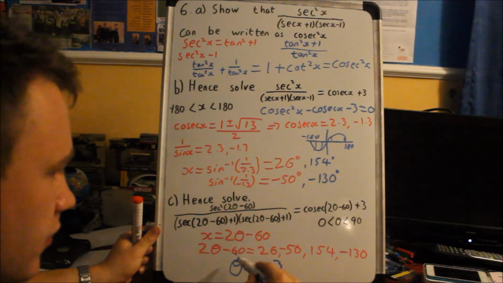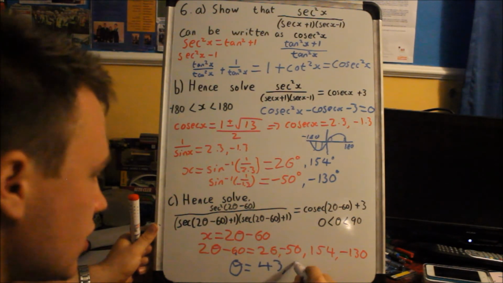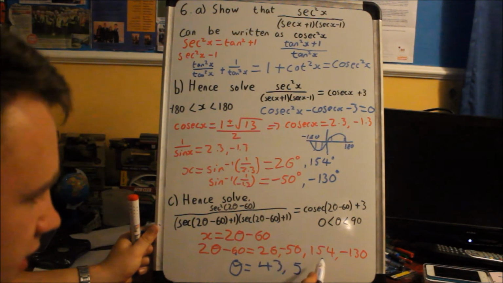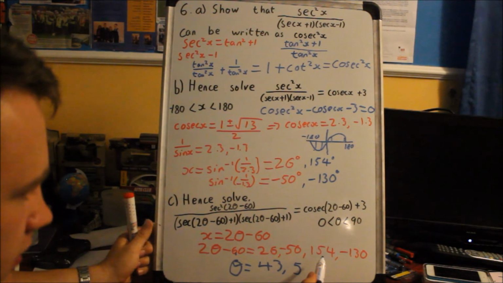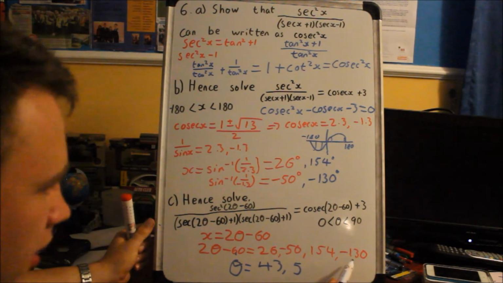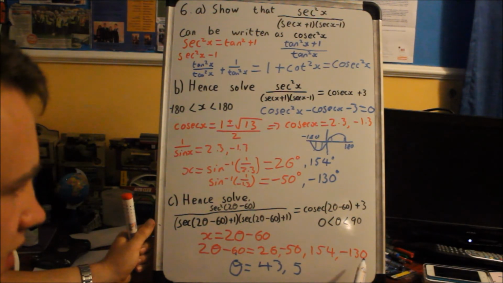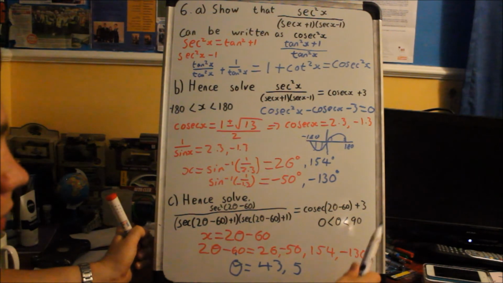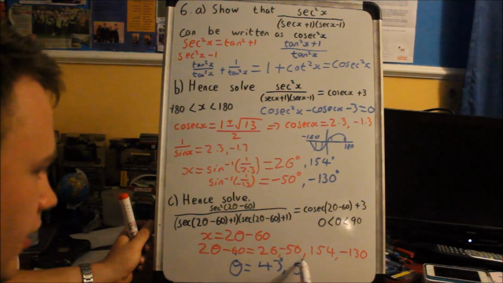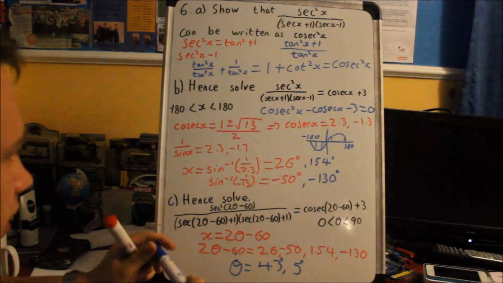And the minus 50, if you add 60, becomes 10, divided by 2 is 5. 154, if you add 60, is 214, divided by 2 is above 90, so we can omit that one. And minus 130 plus 60 is minus 70, divided by 2 is minus 35, which is again out of the range. So we have 43 degrees and 5 degrees as our final answer.